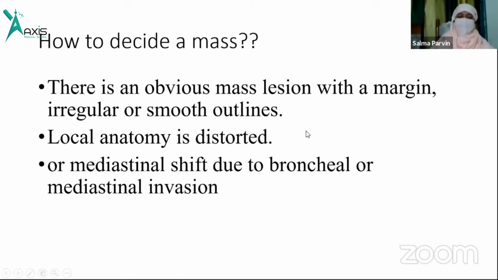So this is a simple thing you will come to decide, that yes, there is a mass lesion and the possibility of malignancy, how much. Most of the things in this case, isolated mass, can be gone through by you in student life and also in the wards. So this is one type of presentation of isolated mass with irregular outline, or maybe smooth outlines.